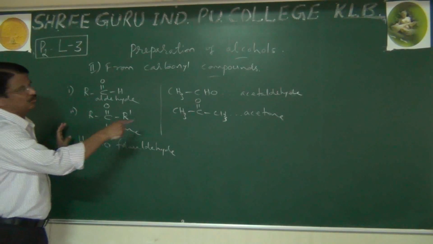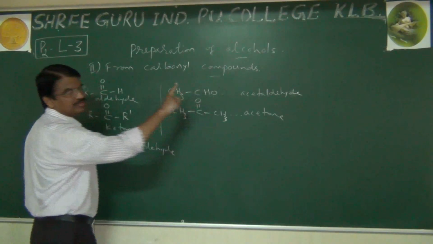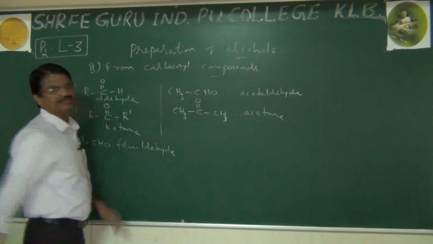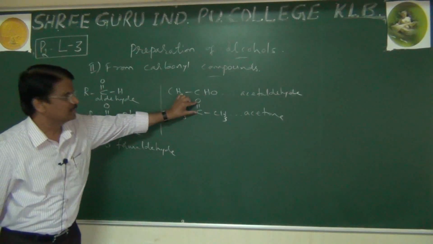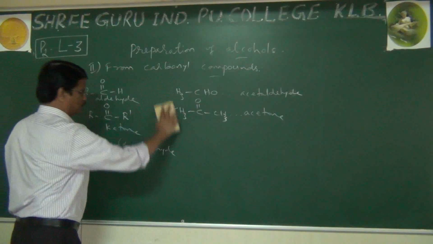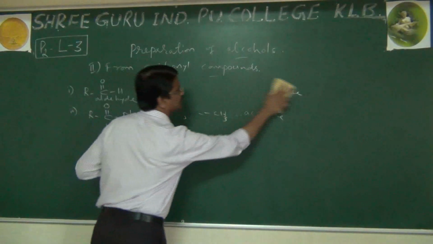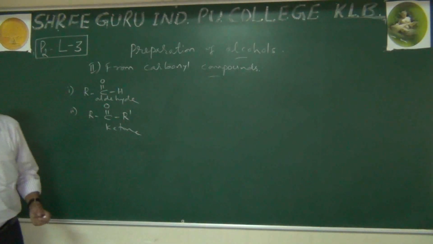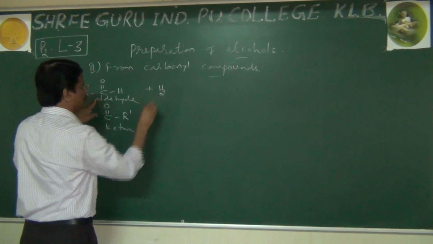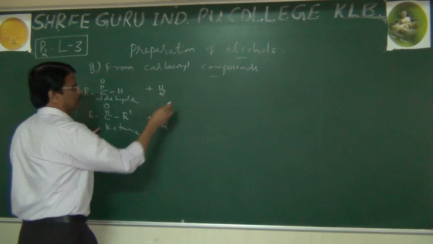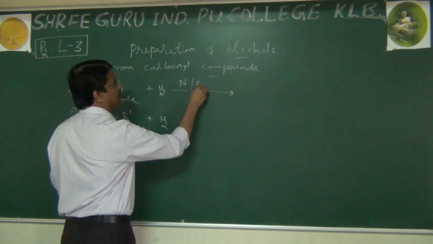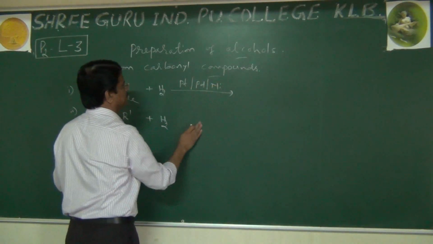But in all the cases, what is important is that C=O changes into CH-OH by reduction. C=O plus hydrogen, in the presence of platinum or palladium or nickel.